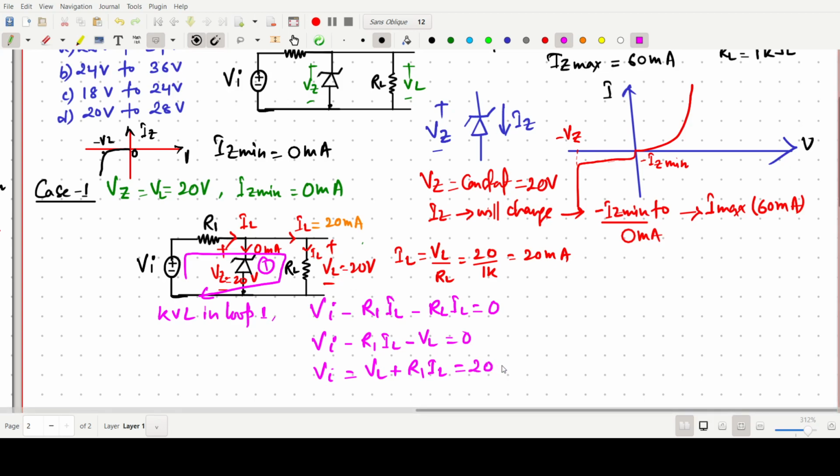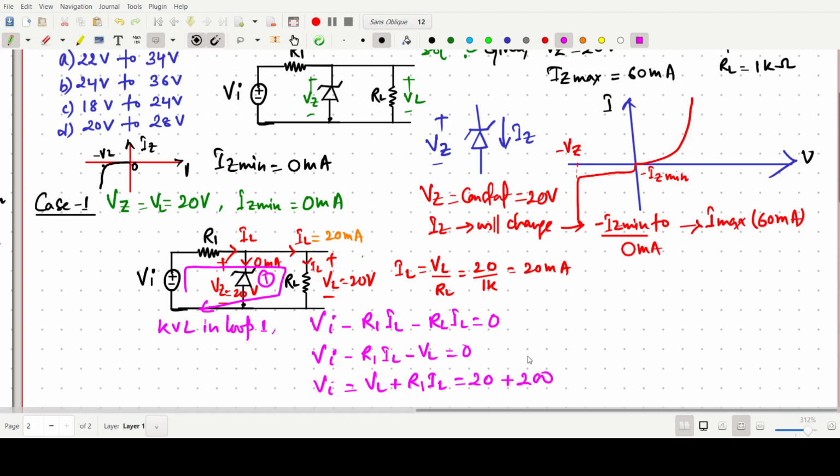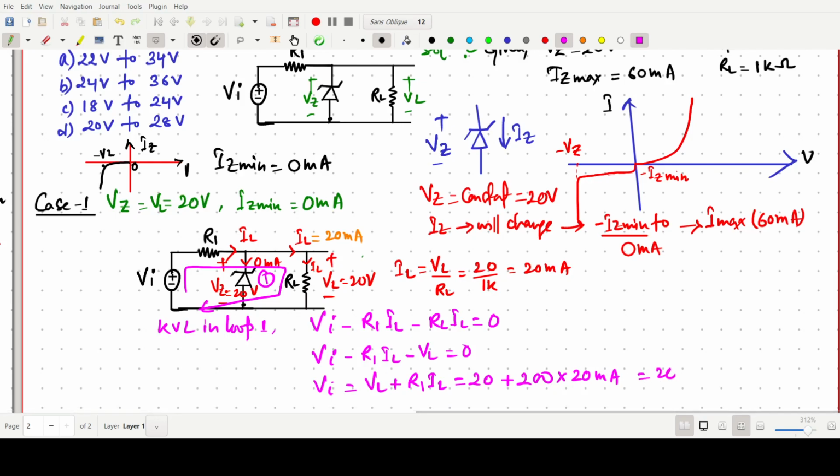It should be 20 volt plus R1 times IL. R1 value is given as 200 ohm, and IL we have already calculated as 20 milliampere. So 200 times 20 milliampere means 4 volt, and 20 plus 4 is 24 volt.